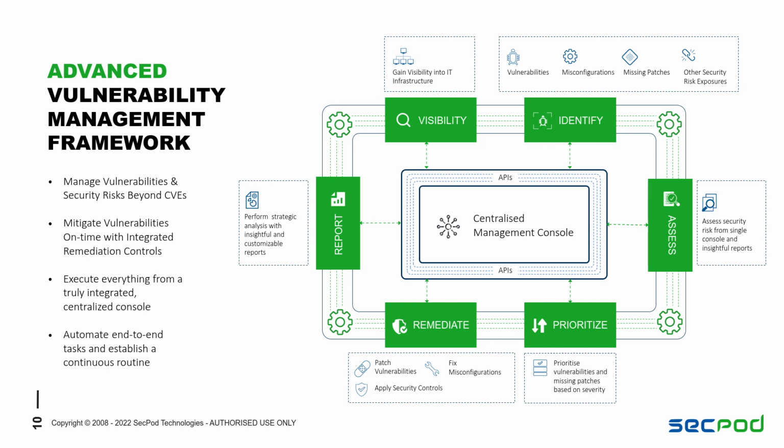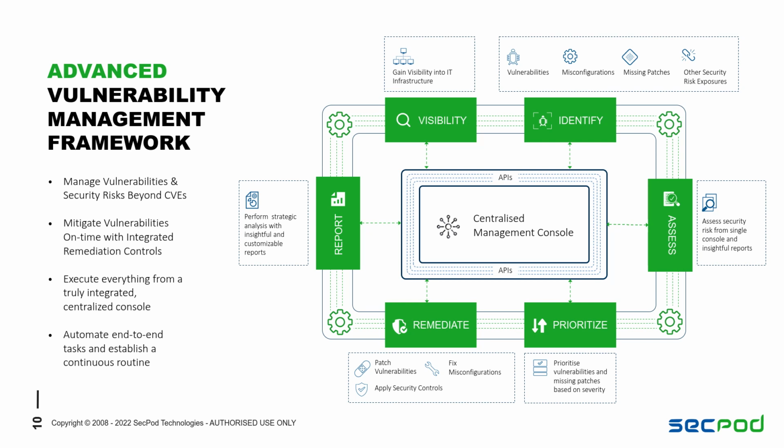More importantly, if you see the interface between them, each of these layers must be integrated. The findings from the visibility goes into the identification layer, and that goes into the assessment and prioritization layer, and so on and so forth.